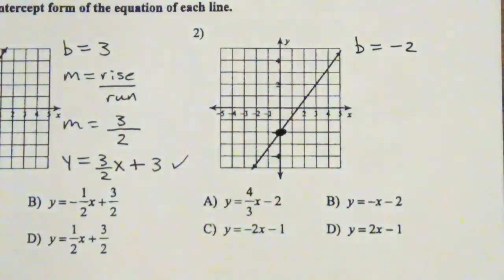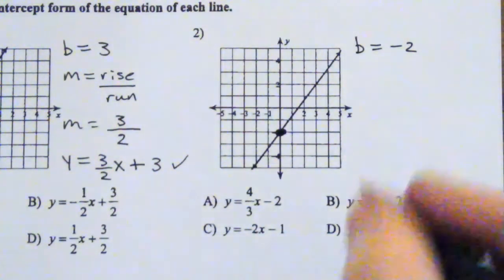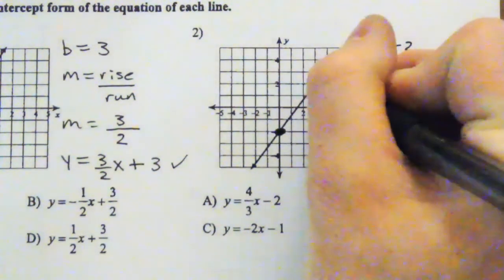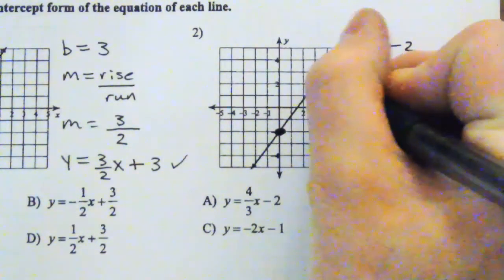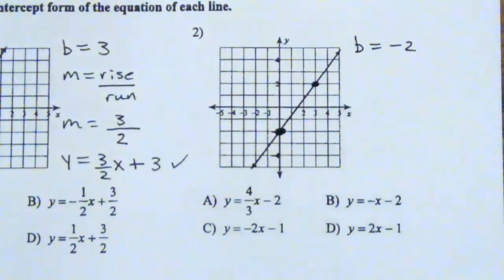Next, I need one more point to figure out what the slope is. Now, it's kind of hard to tell, but I'm going to put my point right here at 3,2. That's the only point where I know for sure that the line is going to cross through it.